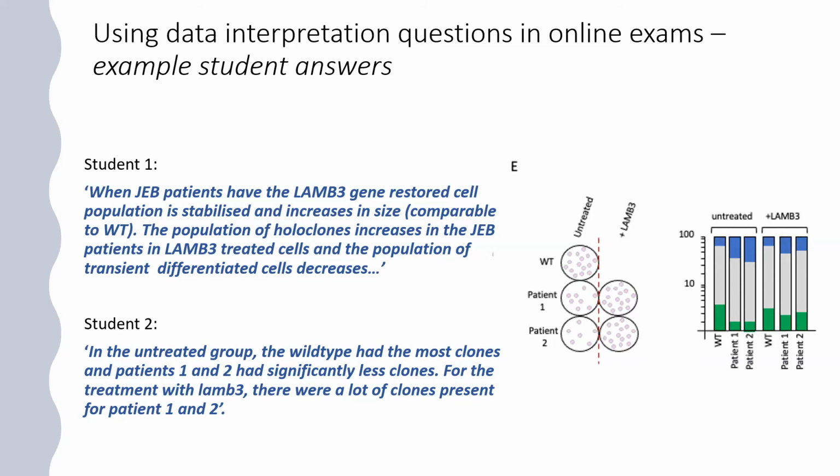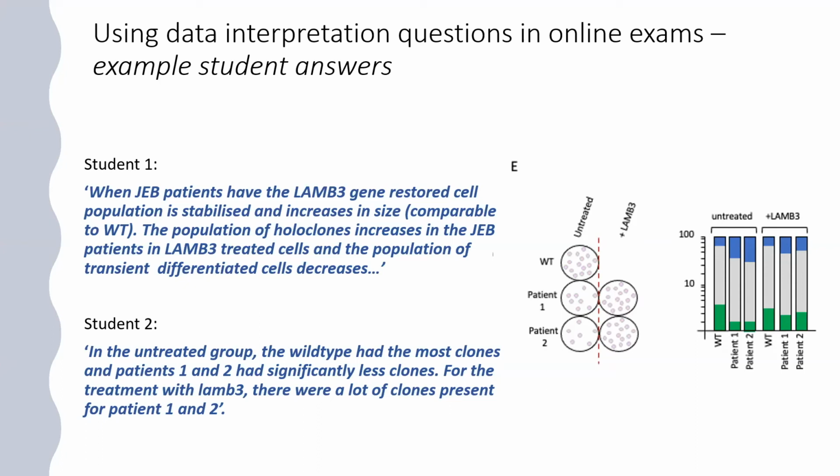And you can see that student 1 here has correctly identified the effect of this treatment. They've used all the correct terminology, they've identified the cell types that are affected, and they even go on to explain what the implications of this are for the patient.